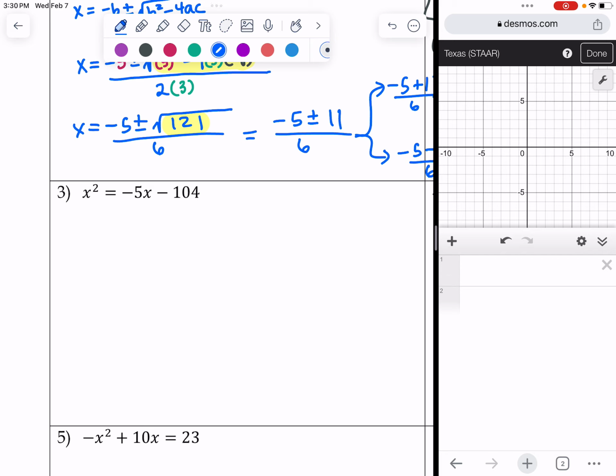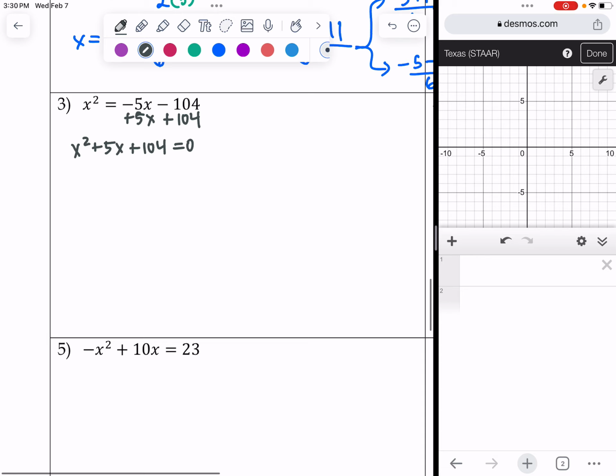Right, so same drill, we need to move this 5x and this 104. Since they're both negative, they're going to be positive on the other side. Okay, and so our a value is 1, our b value is 5, and our c value is 104. That's pretty ugly.